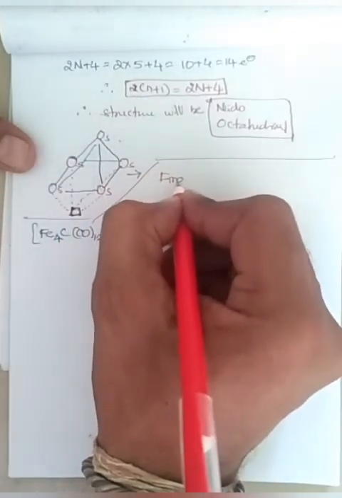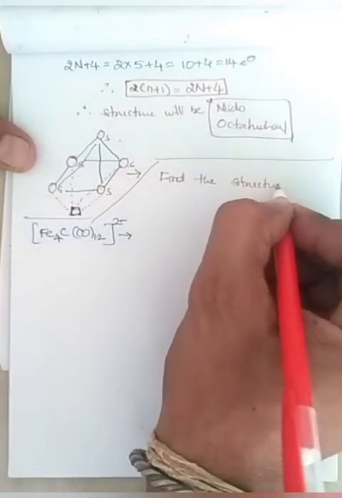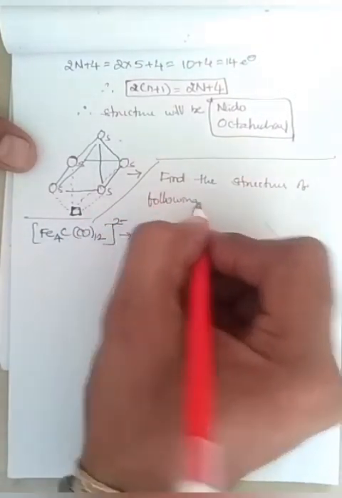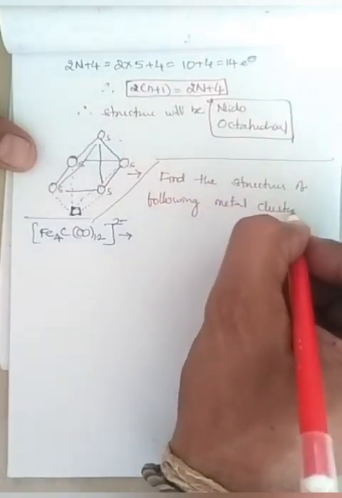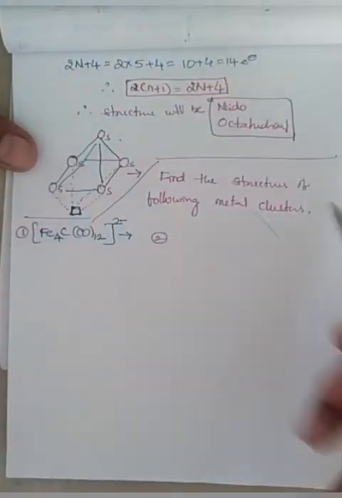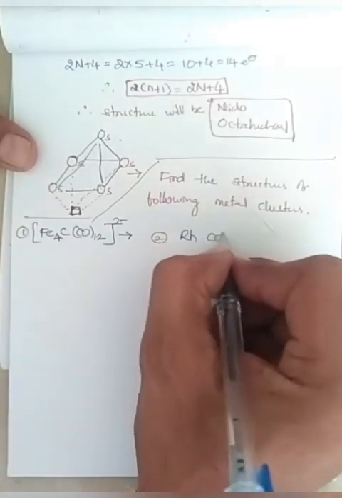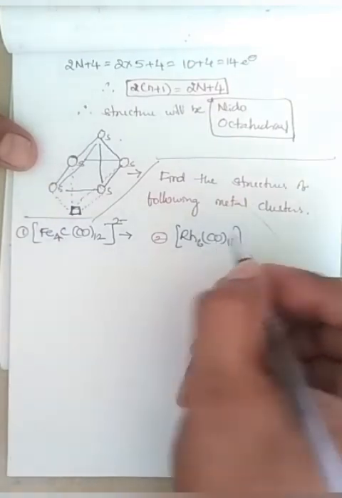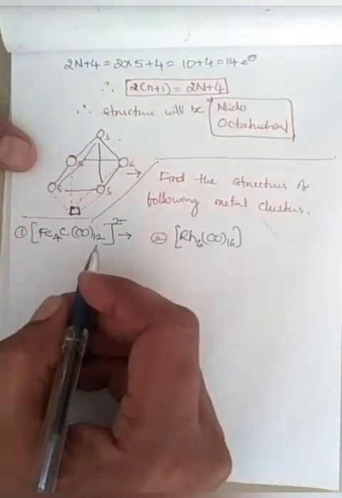Find the structures of the following metal clusters. One is this. Second, 16 carbonyl 6 rhodium cluster, you can calculate.